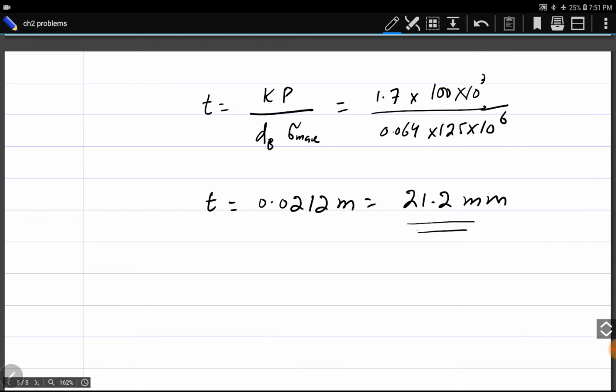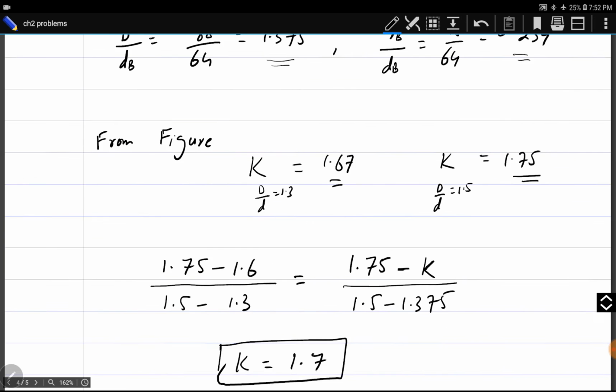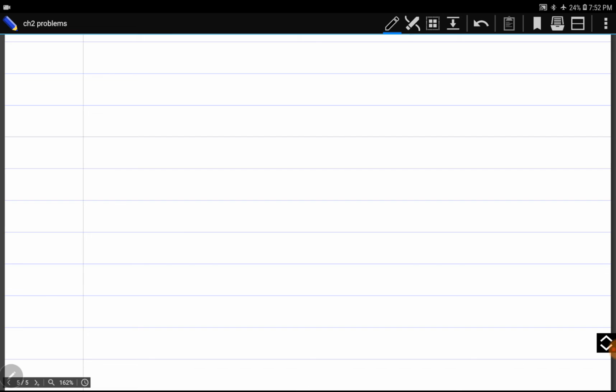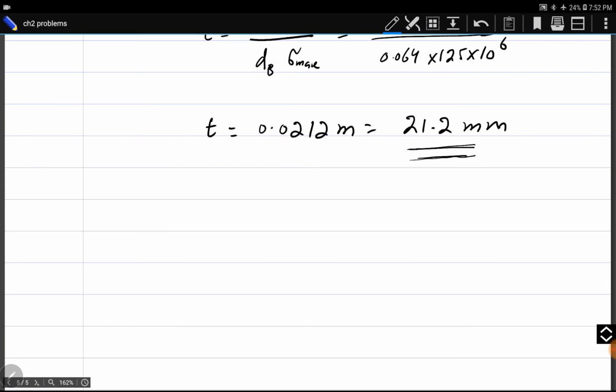So if we allow this thickness 21.2 mm, this plate will be safe for the fillet case, but it will not be safe for the hole case. If we allow the 40 mm thickness, this plate will be safe for both the cases. So the minimum allowable thickness is 40 mm.